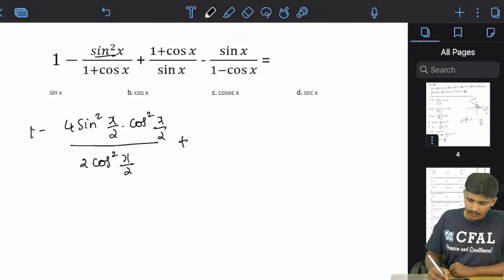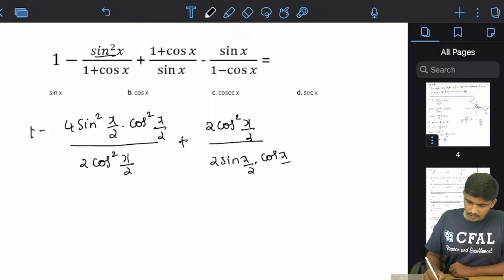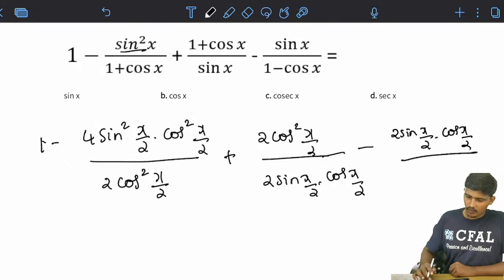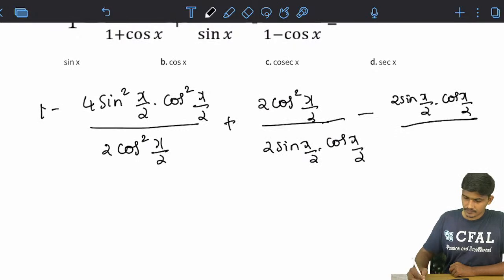Plus, once again, 1 plus cos x I can write as 2 into cos square x by 2, divided by sin x, which I can write as 2 into sin x by 2 into cos x by 2. Minus, once again, sin x by 1 minus cos x, I can write as 2 into sin x by 2 into cos x by 2, divided by 1 minus cos x, which I can write as 2 into sin square x by 2.